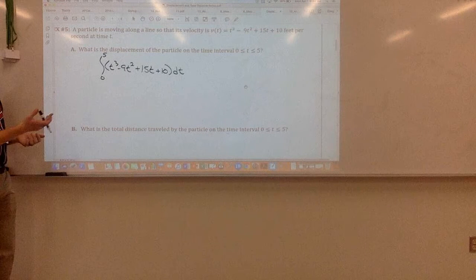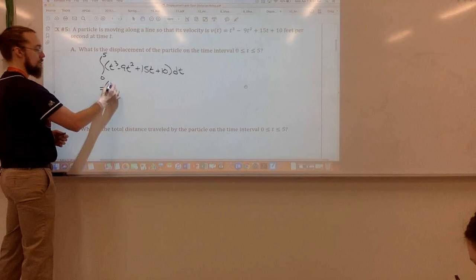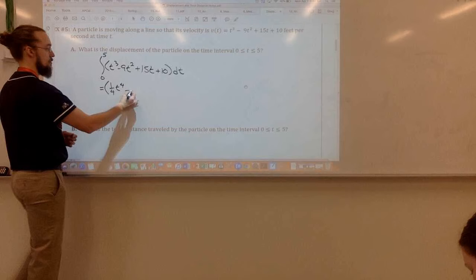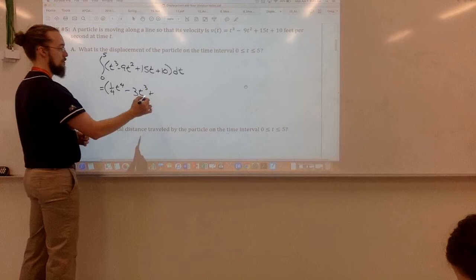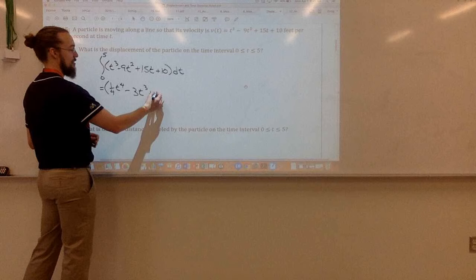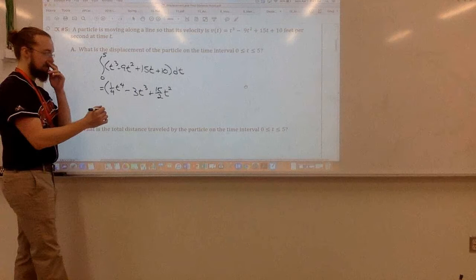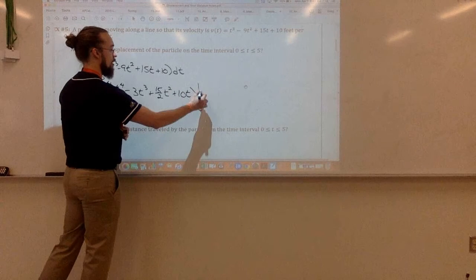So what would my antiderivative be? 1/4 t to the 4th, minus 3 t cubed, yeah, plus 15 over 2 t squared, plus 10t. We're evaluating that from 0 to 5.